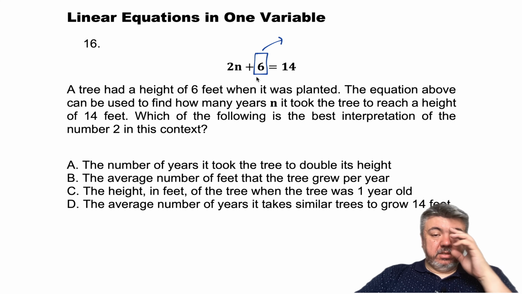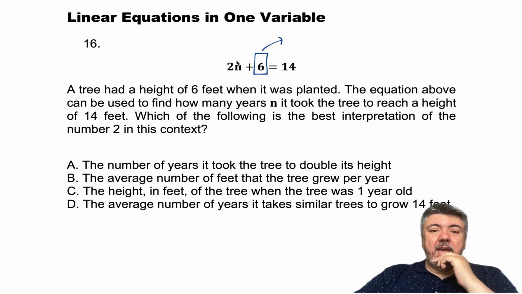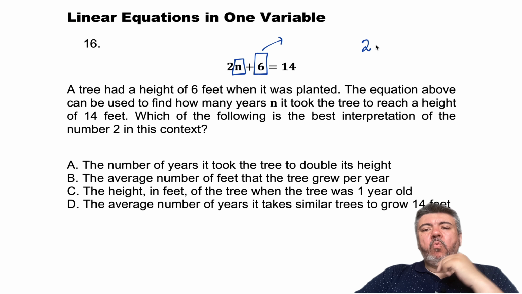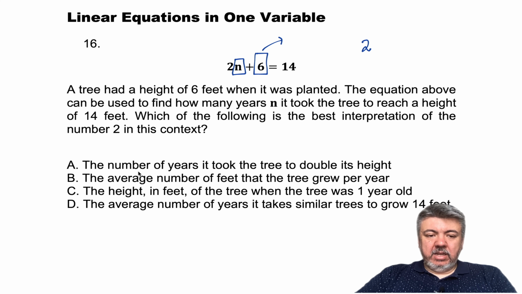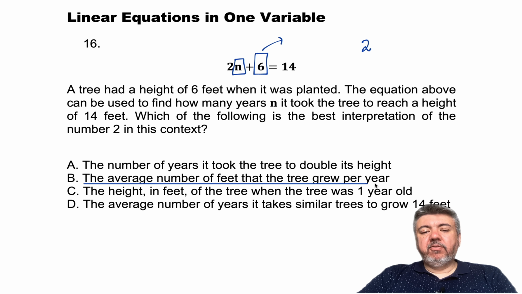So it's not the correct one. The n here is the number of years. 14 is the intended amount, the height that the tree reaches. The 2 here is how many feet it grows every year. So we were supposed to find that in the choices. Look at choice B. The average number of feet that the tree grew per year.